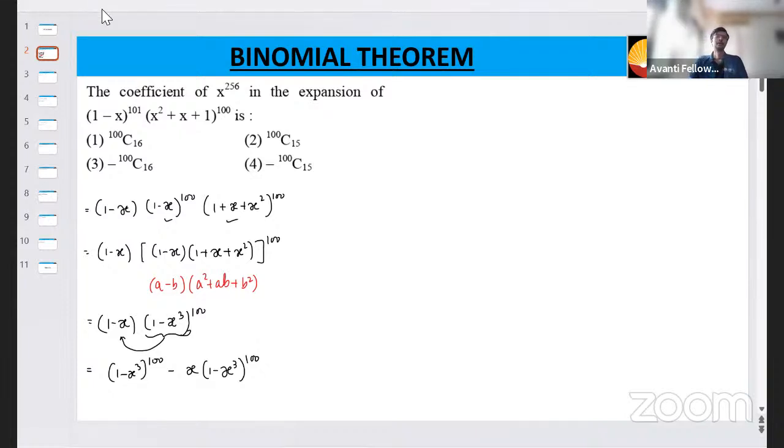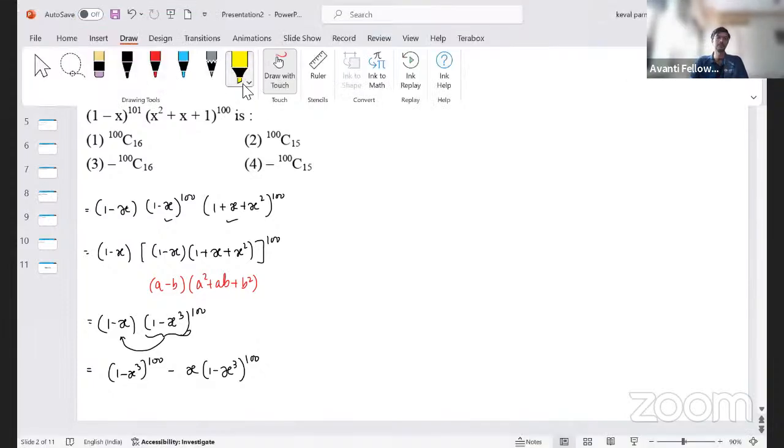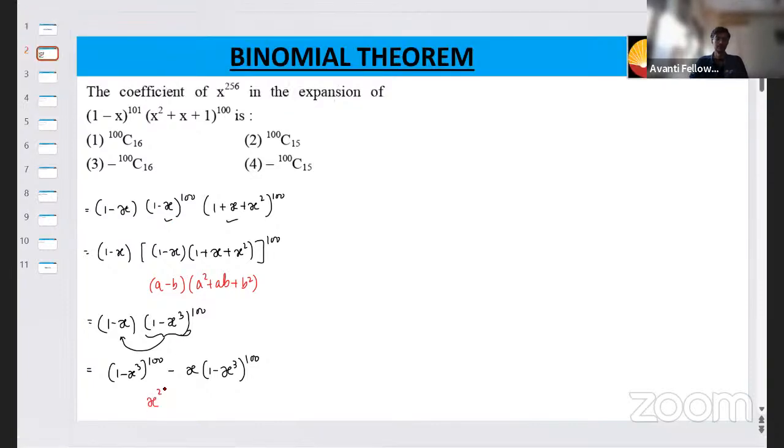Now we want the coefficient of x raised to the power 256. Then we must have x raised to the power 256 from here and from here.